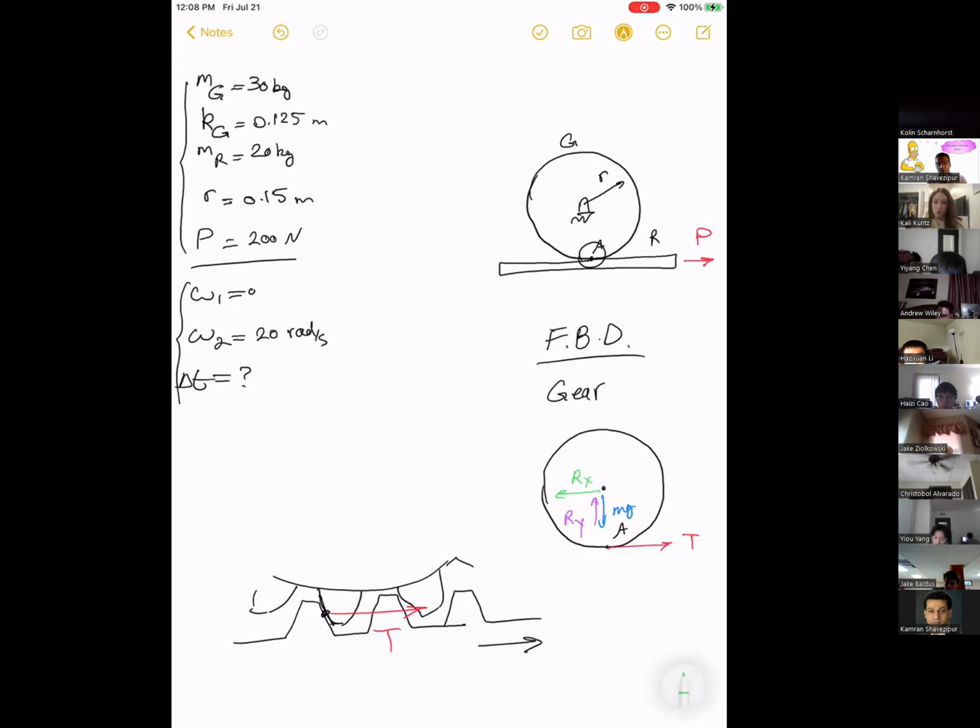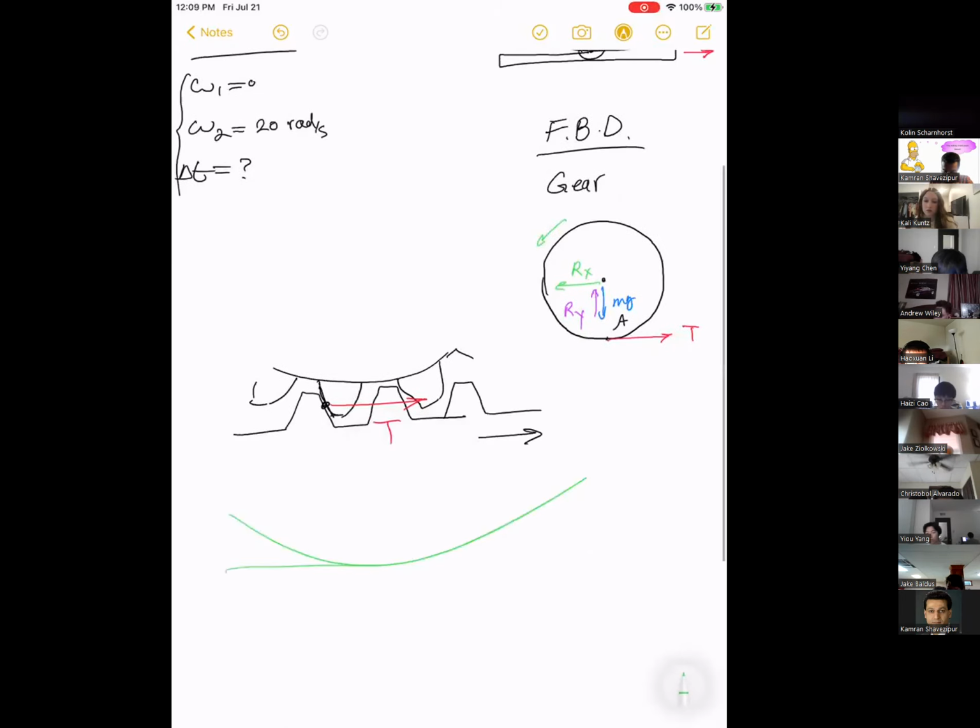Now I'm going to ask you a question. If this was not a gear, it was like a disc and a plate with friction, no sliding, or with sliding, what would cause this guy to rotate? This force T, if you had a disc, you would have had a friction force here, okay?